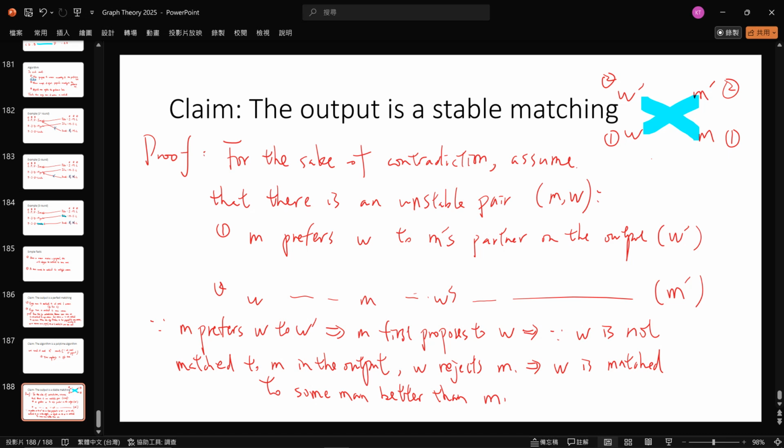So this means W's partner should be better than M. And that's the contradiction.